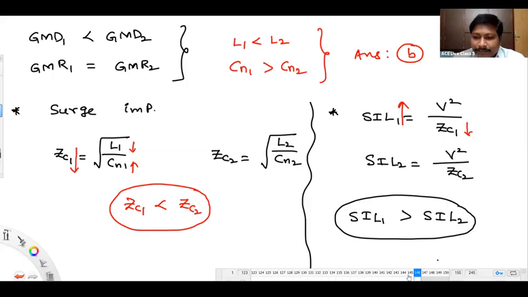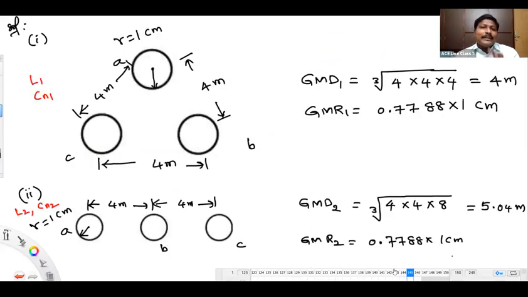Else, both systems have the same voltage and current ratings. We have designed one equilateral spacing and one flat spacing with the same voltage and current ratings, and then we make all these comparisons.